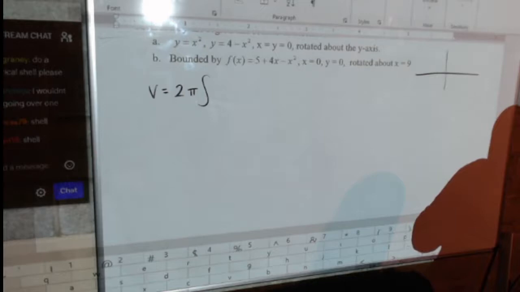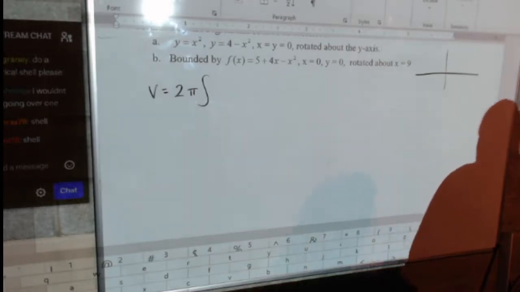No, it's a parabola facing downward. I want to get a good picture of it. All right.